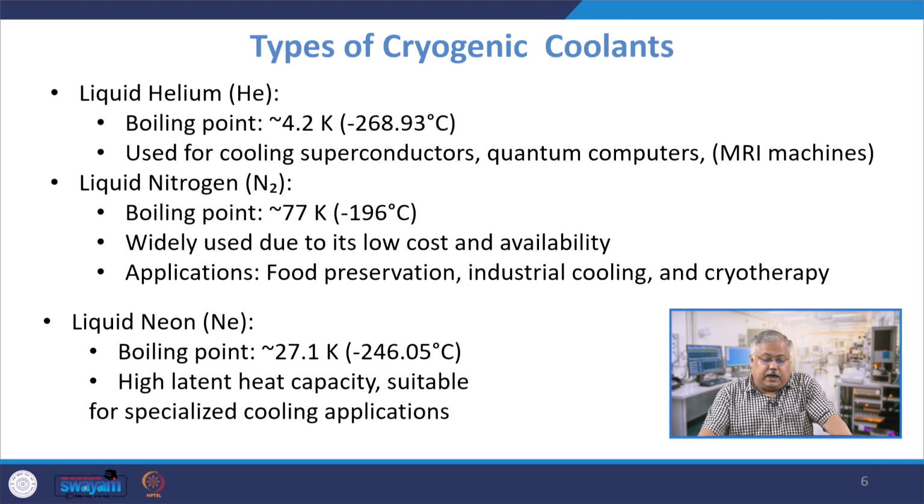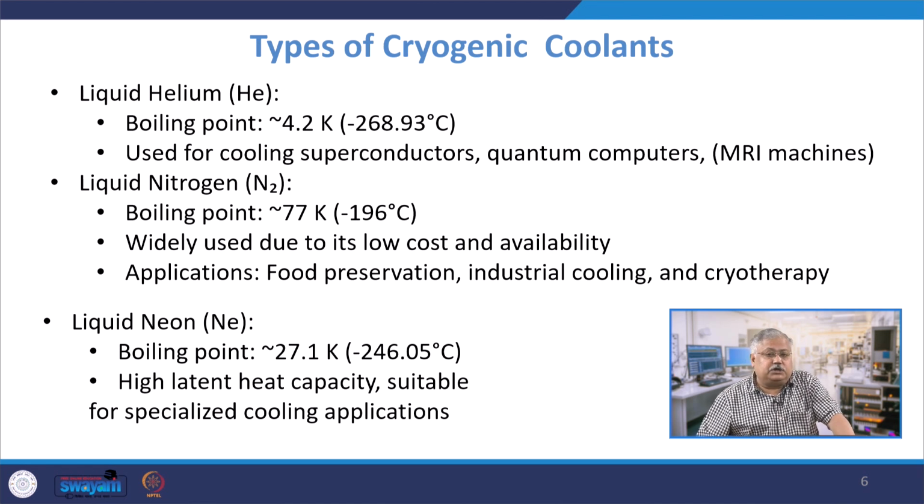So, let us look at the types of cryogenic coolants which are available, and these are all commercially available. For example, liquid helium is very difficult to get otherwise, but liquid nitrogen is relatively easy to get across various scientific units. The first thing is liquid helium, whose boiling point is approximately 4.2 Kelvin, which is minus 268.93 degrees centigrade, and it is used for quantum computers, for cooling superconductors, and also for MRI machines.